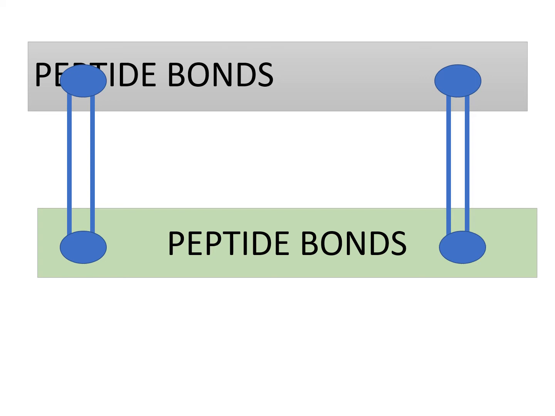For the next lesson, we have the peptide bonds, which are basically the bonds that attach one amino acid to another.